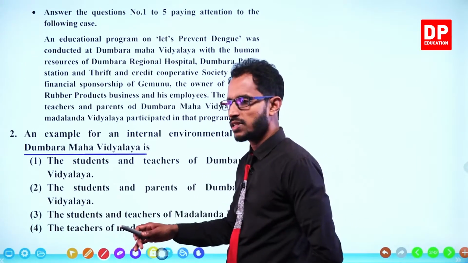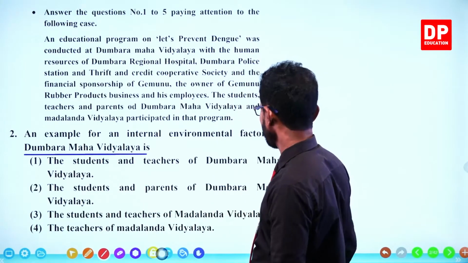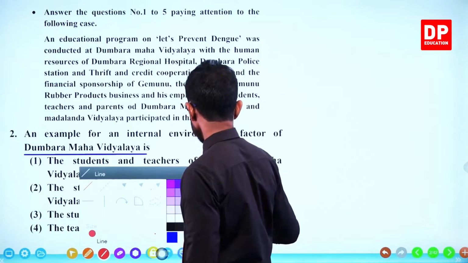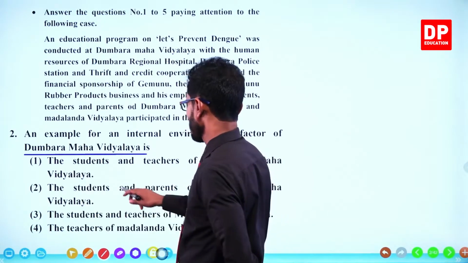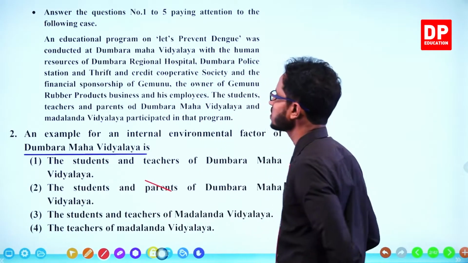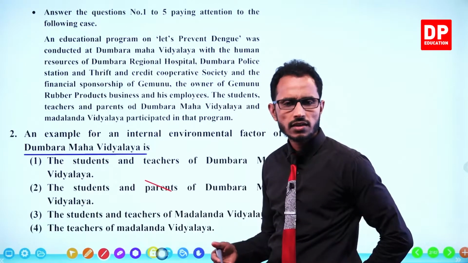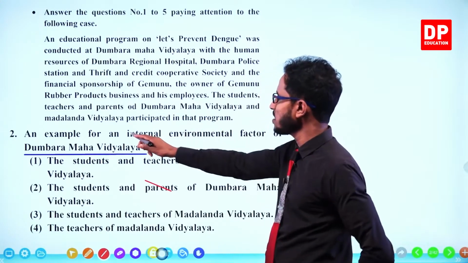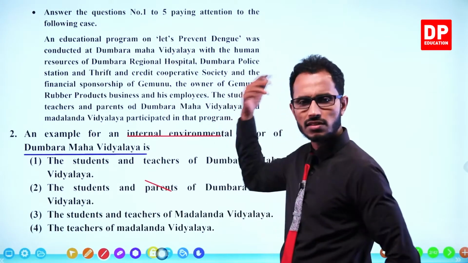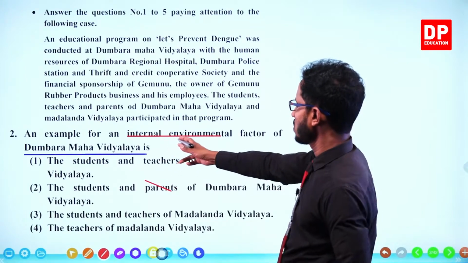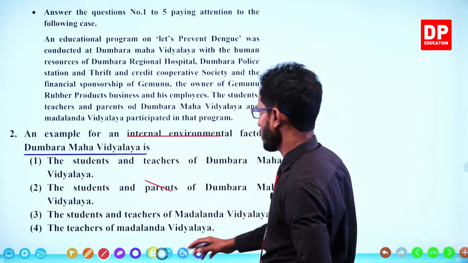Just in case, let's check the rest. The students and the parents of Dumbra Mahavidyalaya. No, parents you cannot take as an internal environmental factor. Parents are external to the school, so you can cut it off.